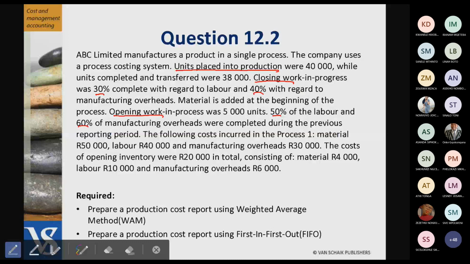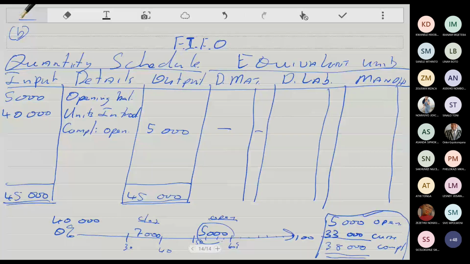Look at this statement where it says, material is added at the beginning of the process. That statement is very key. It tells you that the closing balance in the previous production period was not because of material. All the material that was needed was there already. We've already put in the material. So we've got 0 when it comes to material.